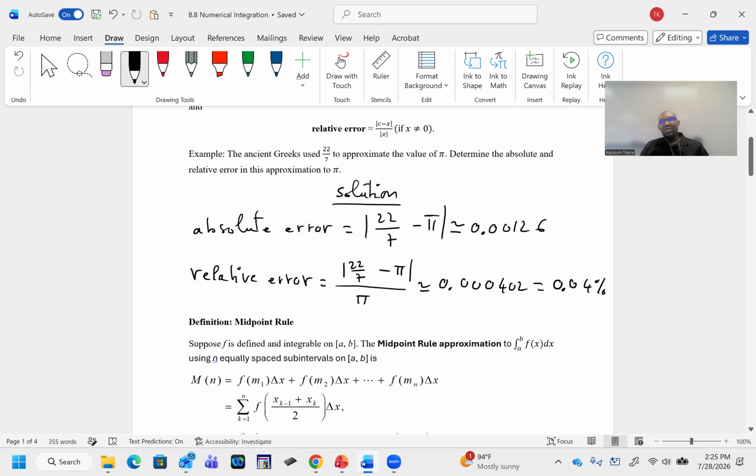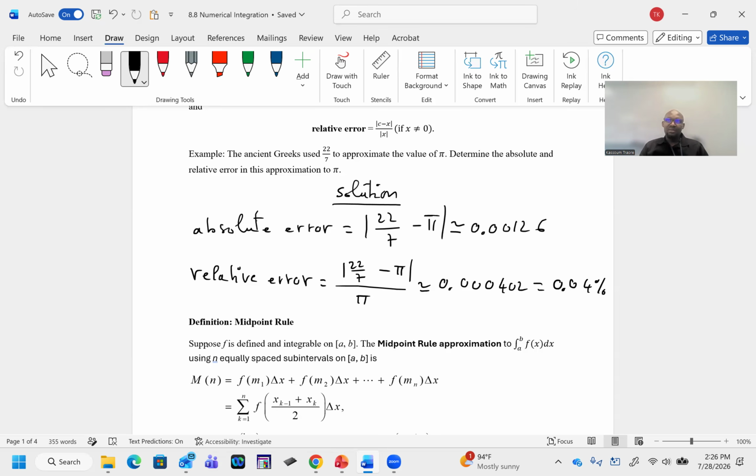Many numerical integration methods are based on the idea that underlies Riemann sums. If you remember, the Riemann sum method approximates the net area of a region bounded by curves.